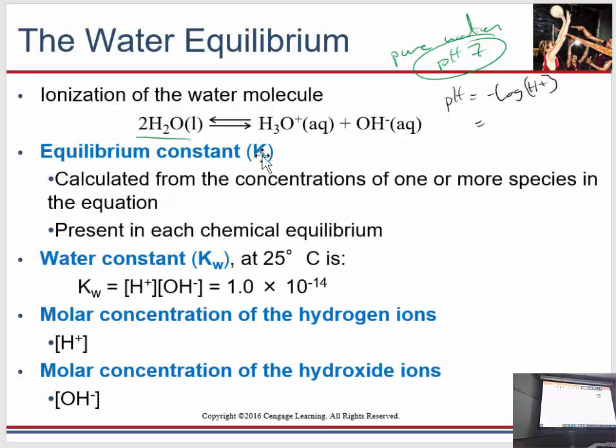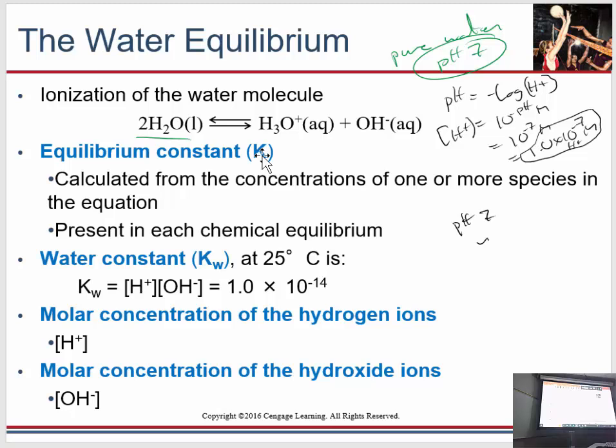If we were to solve for the H plus concentration, the H plus concentration is equal to 10 to the minus pH molar. And so this is 10 to the minus 7 molar. Actually, 1.0 times 10 to the minus 7 molar is typically what it means. That means to have a pH of 7 means this.